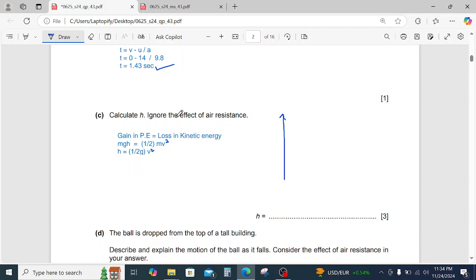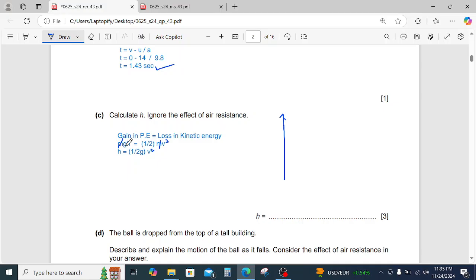So the formula is gain in potential energy is equal to loss in kinetic energy. The formula of potential energy is mgh, and the kinetic energy is 1/2 mv squared. This m will be cancelled out by this m, and you have to find the value of h.